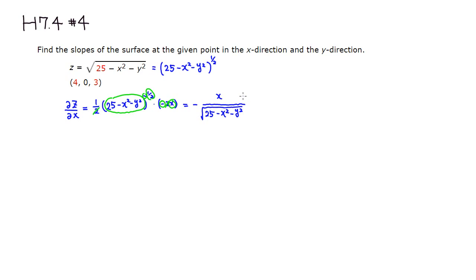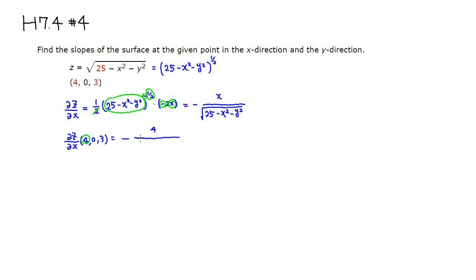Then we're going to evaluate this at (4, 0, 3). So, the partial of z with respect to x evaluated at (4, 0, 3) is going to be equal to negative, and the x value is 4, so we put 4 on top here.